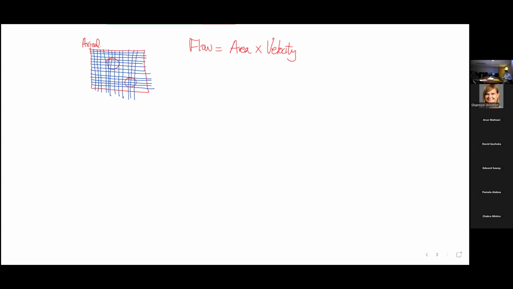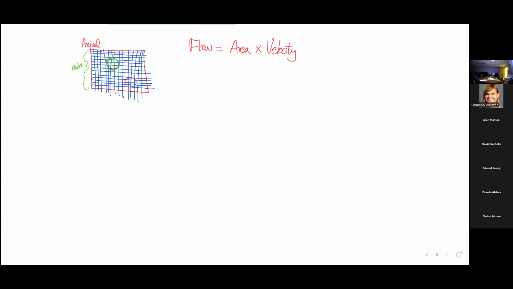So the next thing, how are we going to do our flow calculation? Well, to get the area, we're going to trace this boundary, right? And remember, we know the size of these pixels in here because we know the matrix.